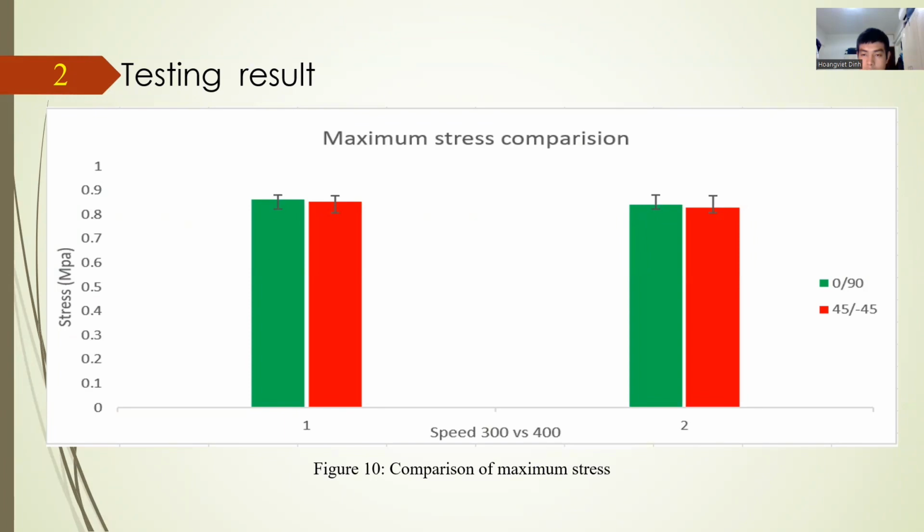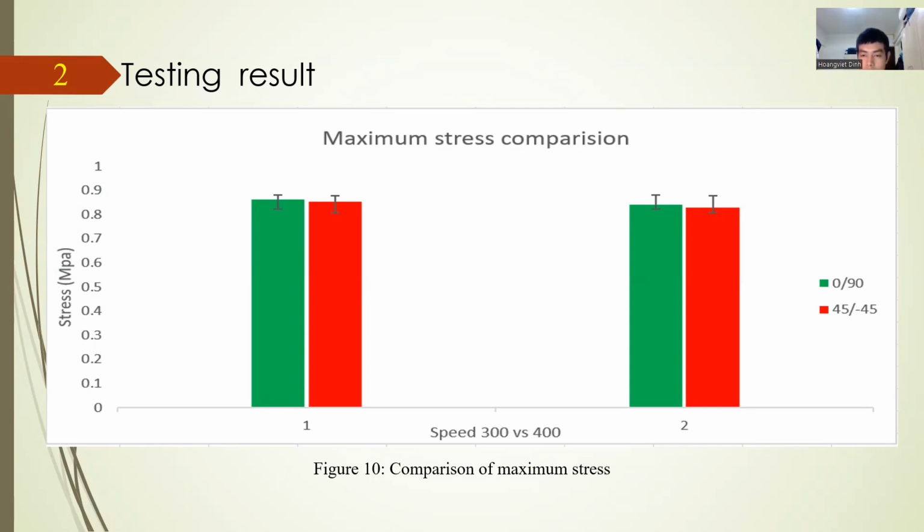Additionally, stress tolerance was lower at 400 mm per second printing speed than at 300 mm per second. The maximum stress was around 0.88 megapascal at 300 mm per second printing speed and 0/90 printing angle.